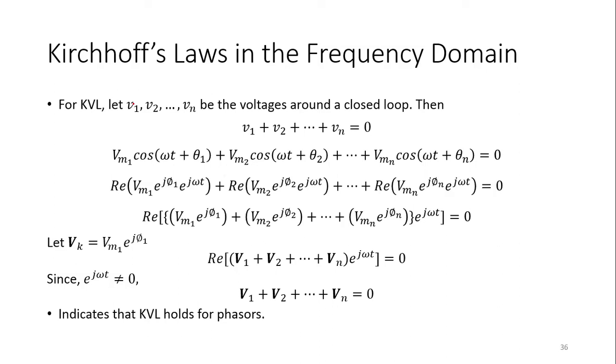According to the KVL statement, the sum of all the voltages in a loop is 0. And as we are operating with AC sinusoidal quantities, V1 would be Vm1 cos of omega t plus theta 1, V2 would be Vm2 cos of omega t plus theta 2, and so on, Vmn cos of omega t plus theta n.